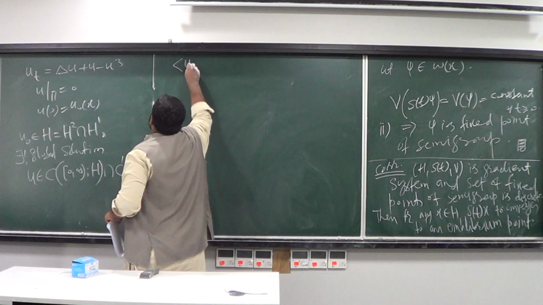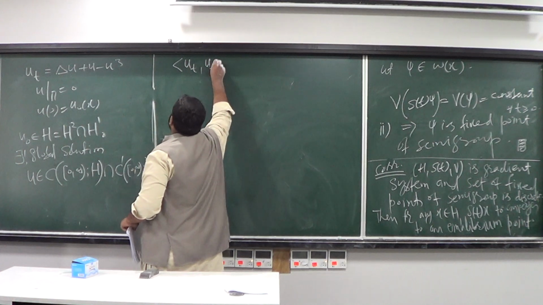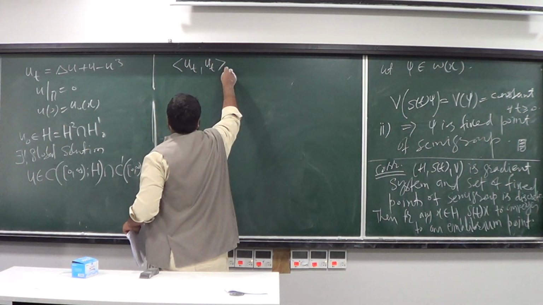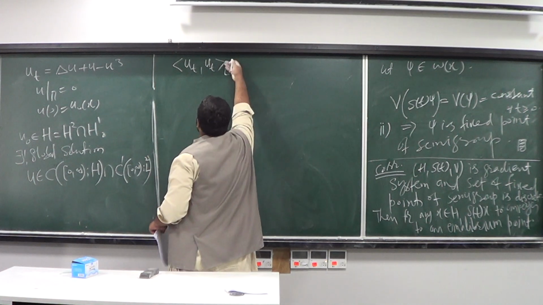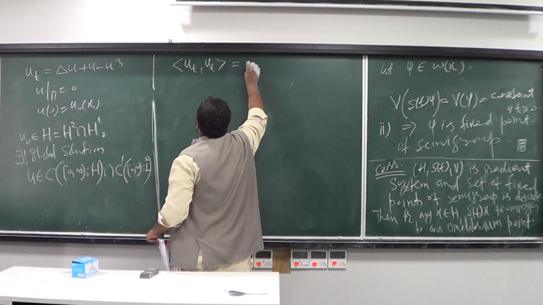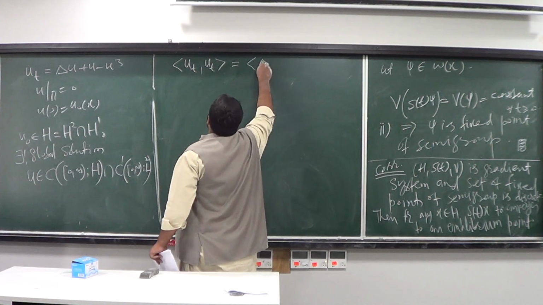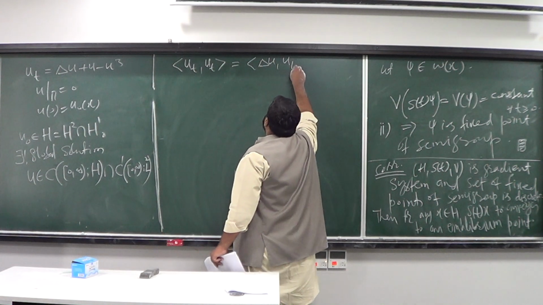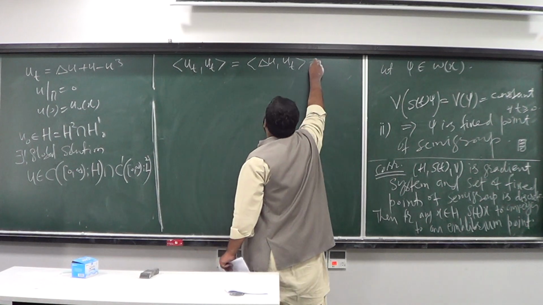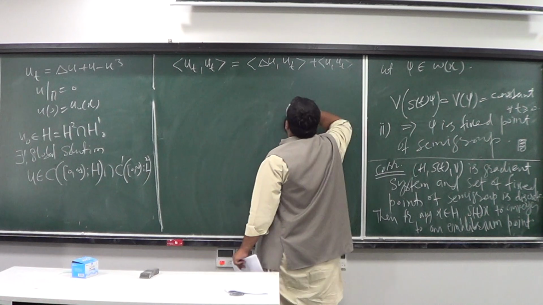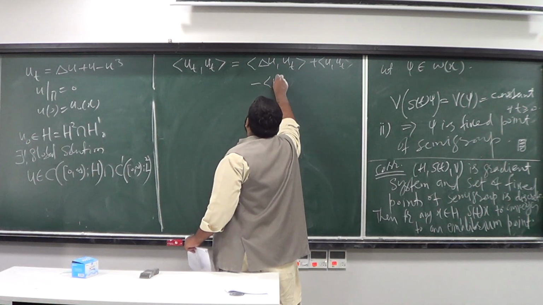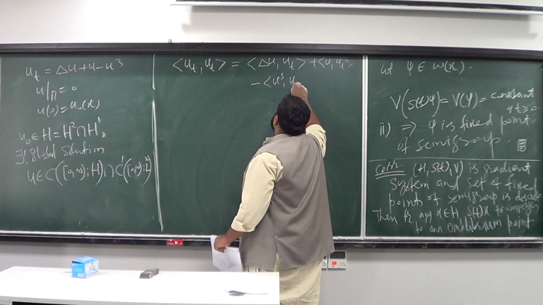So if I take the inner product of this with u t, where this inner product is in H, it's an L2 inner product. Okay, u t is equal to Laplace u plus u minus u cube, times u t.